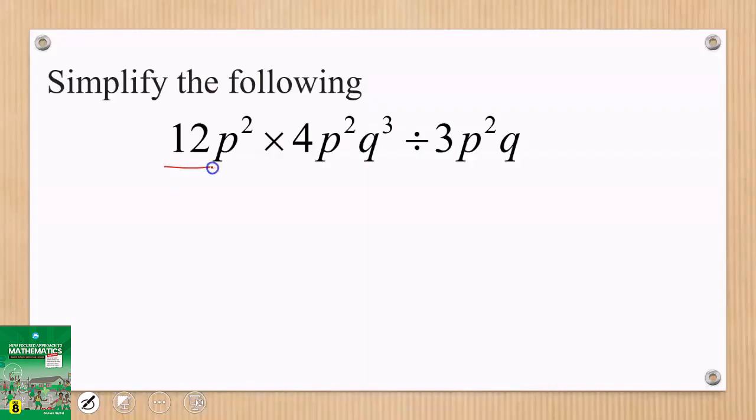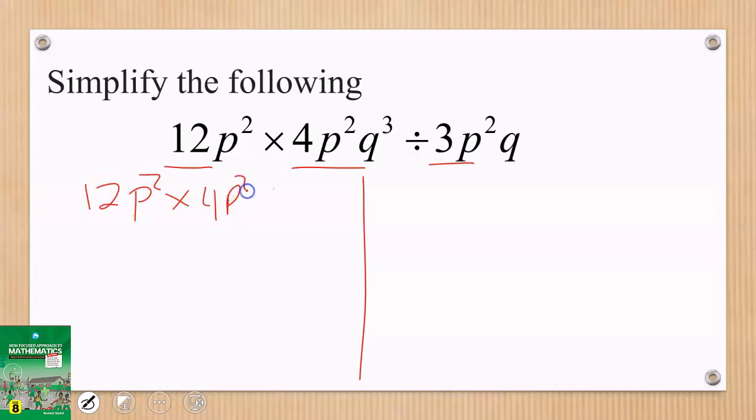All right, so we have 12p squared times 4p squared q squared divided by 3p squared q. To make it very simple, I can write this as 12p squared times 4p squared q cubed, all divided by 3p squared q.